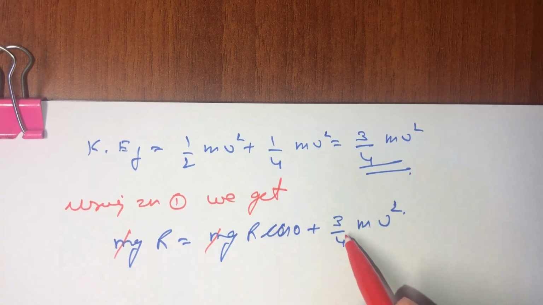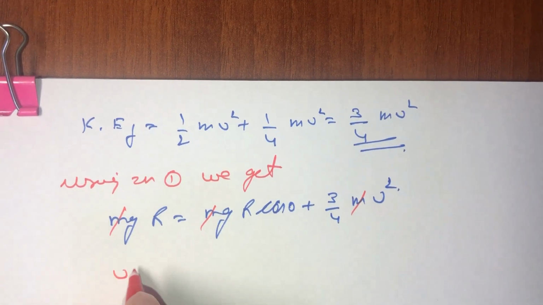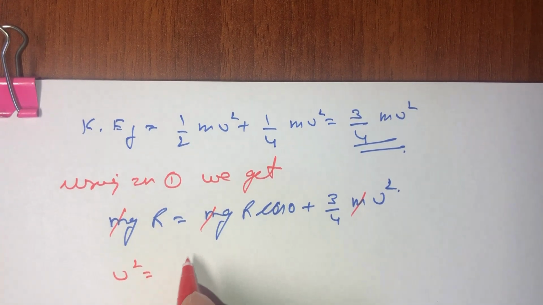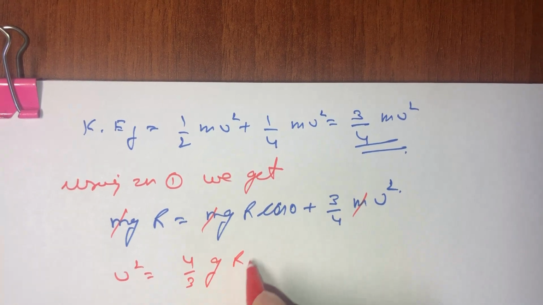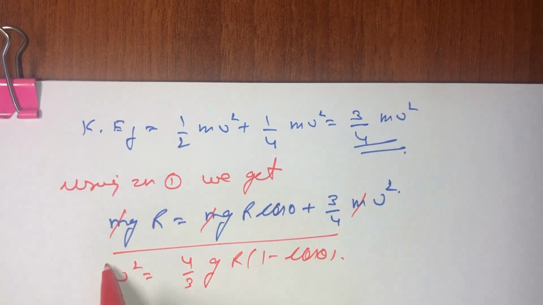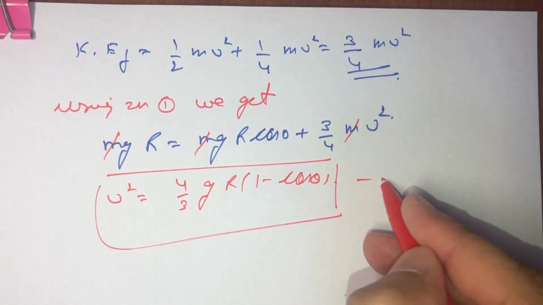Mass we can cancel out throughout, so we are left with v square is equal to 4 by 3 g R (1 minus cos of theta). Let us call this equation number 2.